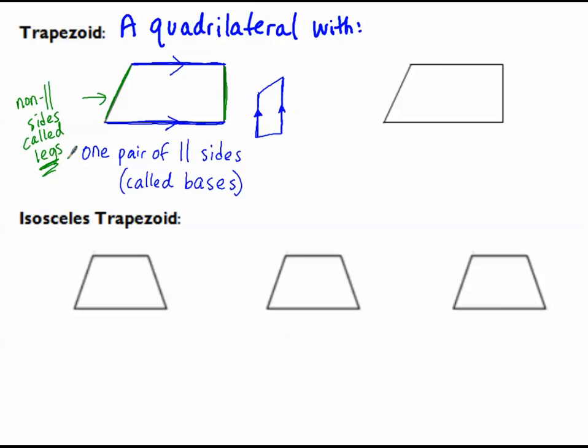Because there's a pair of parallel sides, there's a property that we know will exist in the trapezoid. Let's draw those parallel sides again over here. Now remember when we studied parallel lines that we have angles next to each other, such as this angle and this angle, one on one parallel line, the other on the other parallel line.